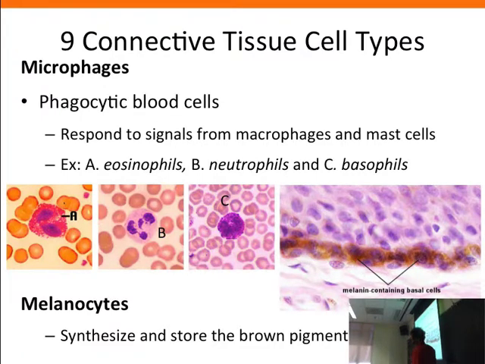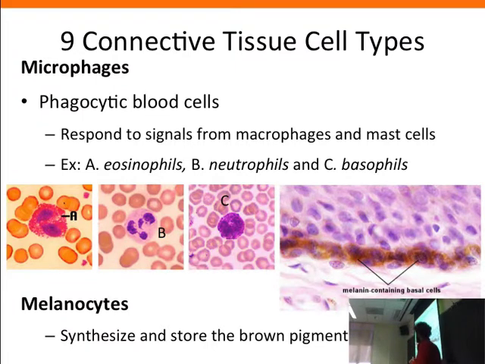These are all microphages, a broader category of white blood cells. Not all white blood cells are microphages, however. Lymphocyte is the other category of white blood cells. So we have lymphocytes that can become monocytes, T and B cells, etc. And then eosinophils, neutrophils, and basophils, which is on the other side.